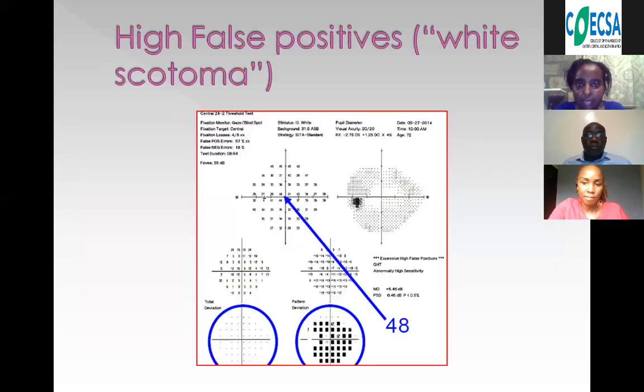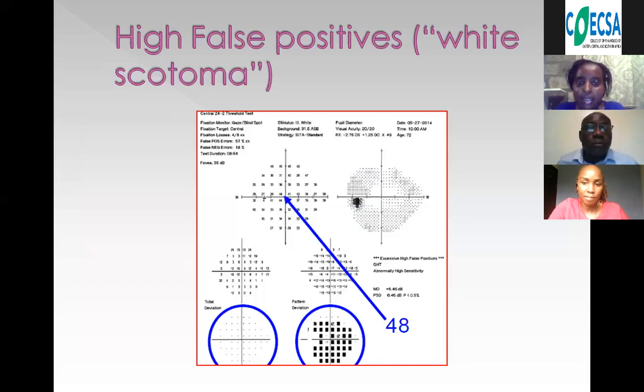This is the high false positives. They appear white. The visual field is abnormally white. Patients tend to click, most of them anxious, young patients who really want to perform well in the test. So they keep clicking, and it gives false results. In this case, they had a false positive of 57%.